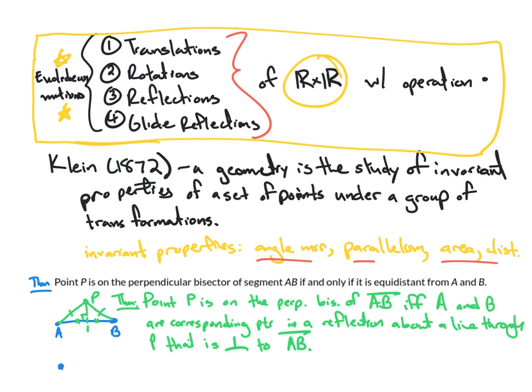We say, we know A and B, so we have this segment AB right here. We say this point P is on the perpendicular bisector if there's a line through P that is perpendicular to AB where we can define a reflection where A and B are corresponding points. And now that gives us some stuff: if these two are corresponding points over this reflection and the lines through P, then these are corresponding lines, and therefore those lines must be congruent.